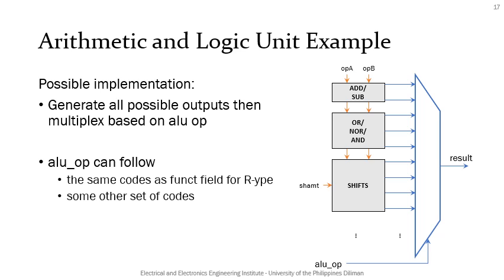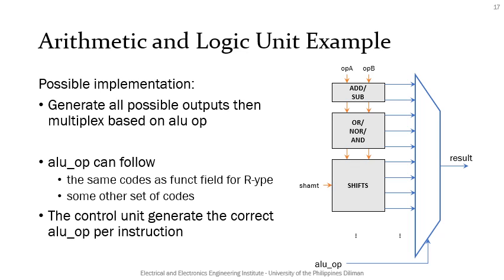Again, how this ALU-op maps to different operations can vary from one design to another. One can use the same code as func for R-type instructions for simplicity. However, one can also use some other set of codes. In either case, the control unit must be able to generate the correct ALU-op per instruction.